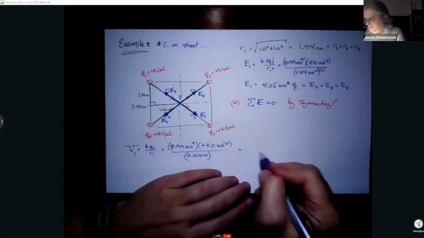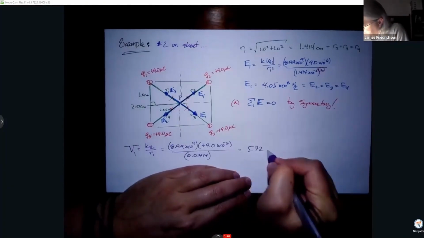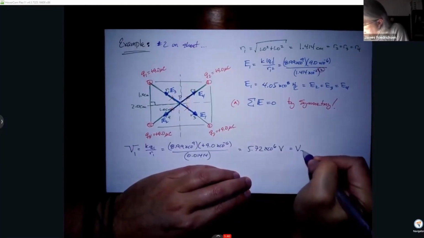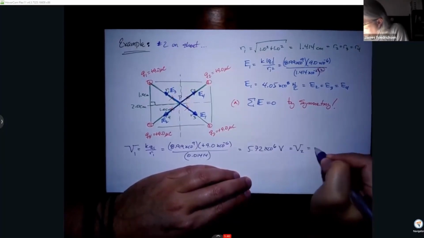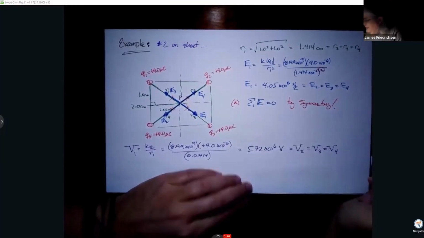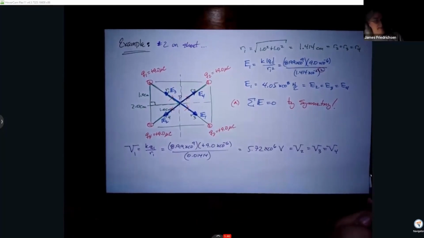5.72 times 10 to the 6. Again, this is the same as V2, same as V3, same as V4. So by symmetry, what are we going to get here?